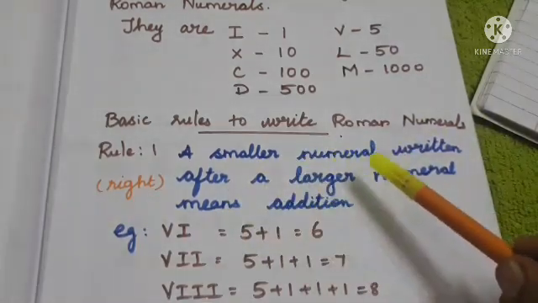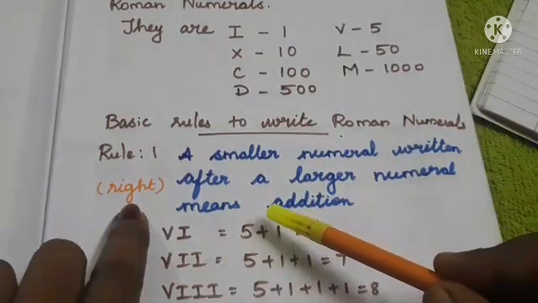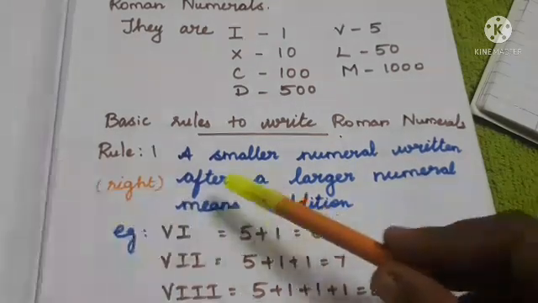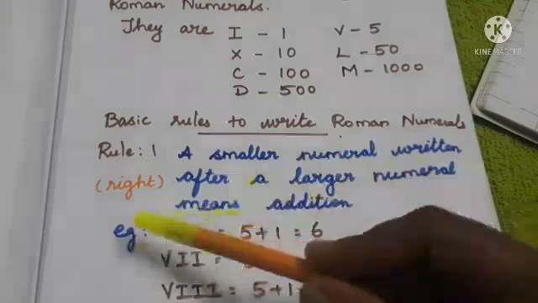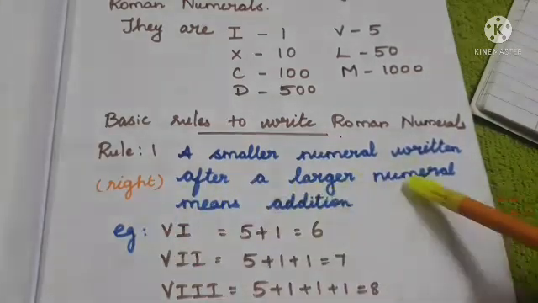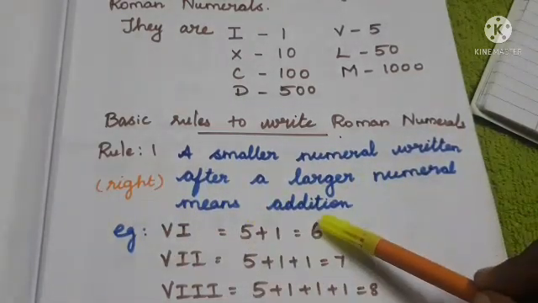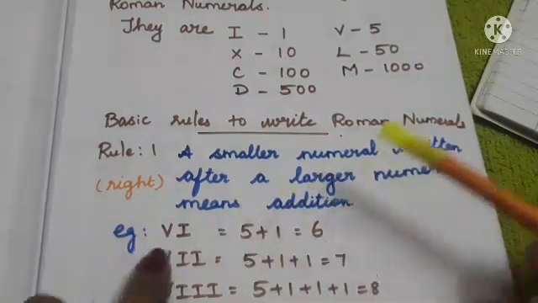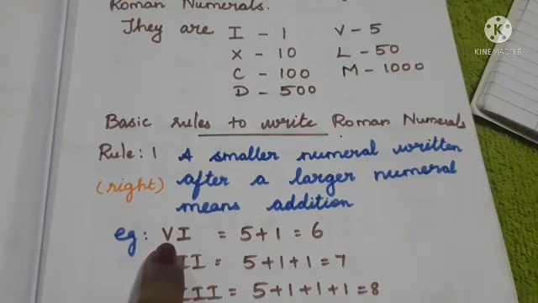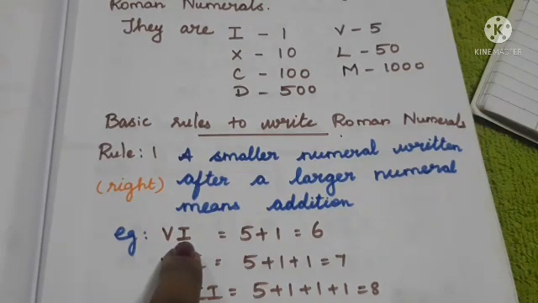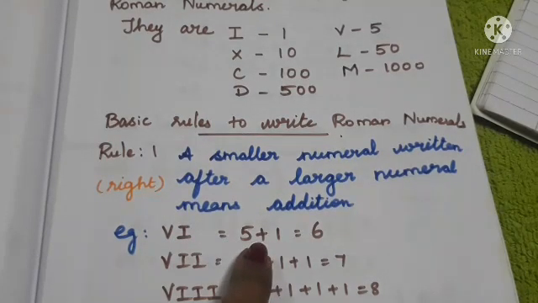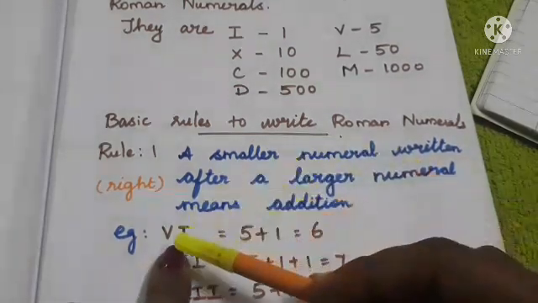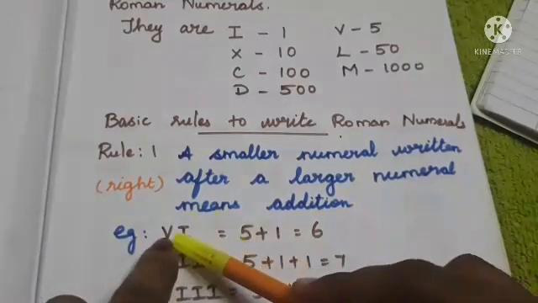A smaller numeral written to the right, otherwise we can say after, a larger numeral means addition. If in a Roman numeral you have a larger numeral and afterwards a smaller numeral, we have to add those two numerals.